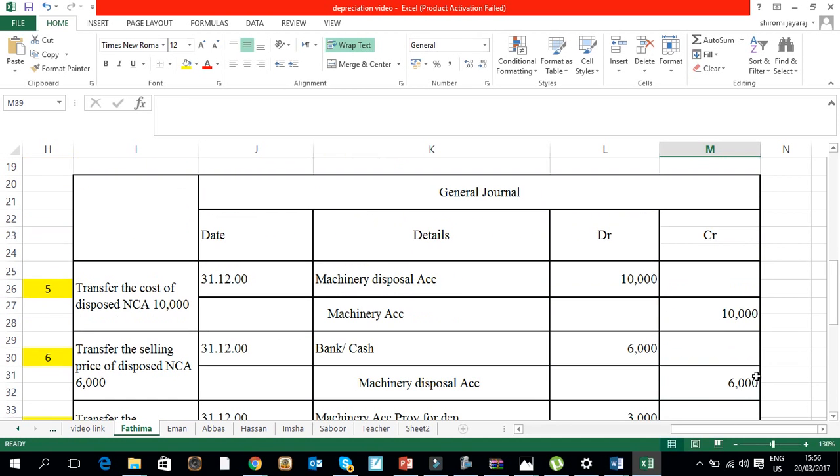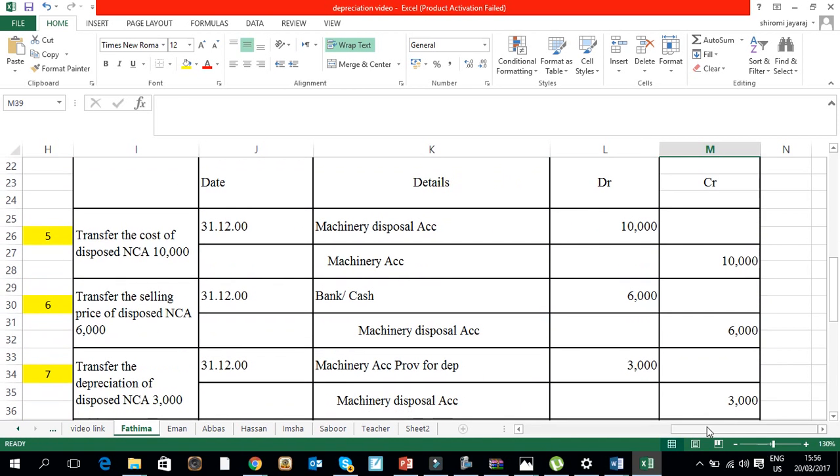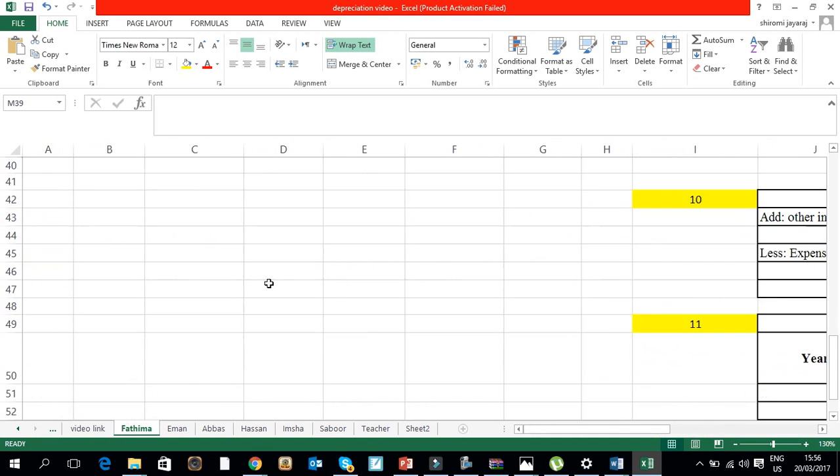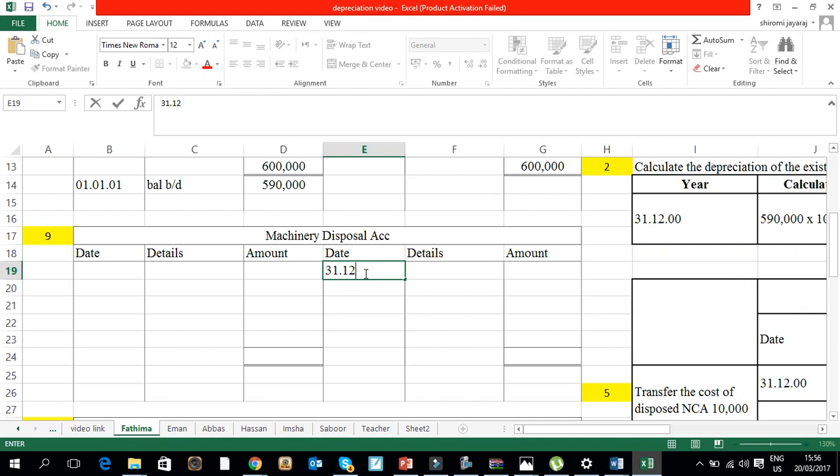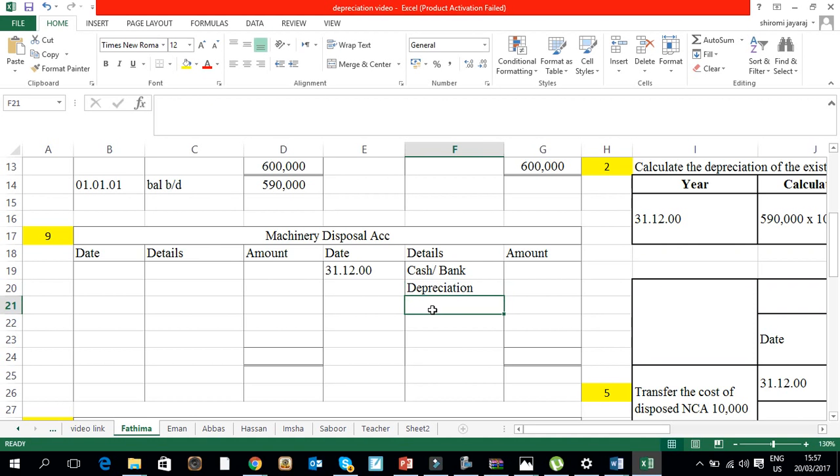Keeping these figures in mind, now we are going to complete the machinery disposal account. As per the format, the cash or bank appears on the credit side, as well as the depreciation calculated for the disposed machinery, and if it is a loss, it appears on the credit side.